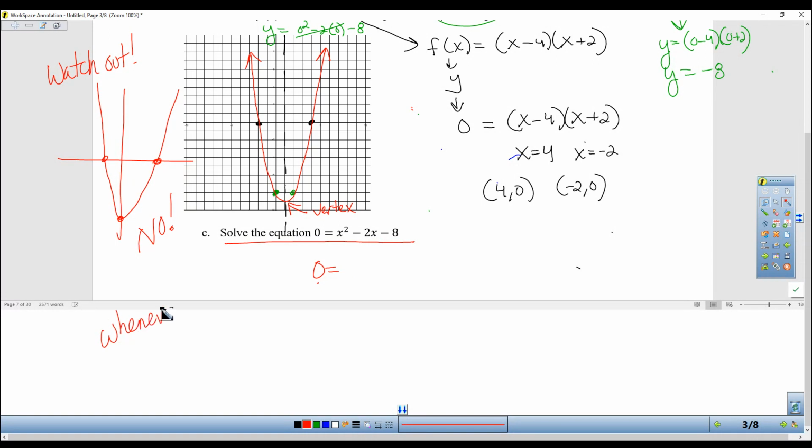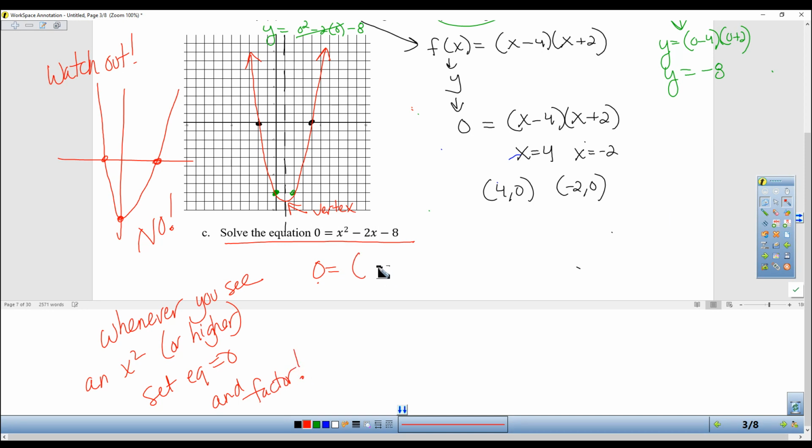Whenever you see an x squared or higher, set the equation equal to 0 and factor. So 0 is equal to x minus 4 times x plus 2. X is equal to 4 or negative 2.